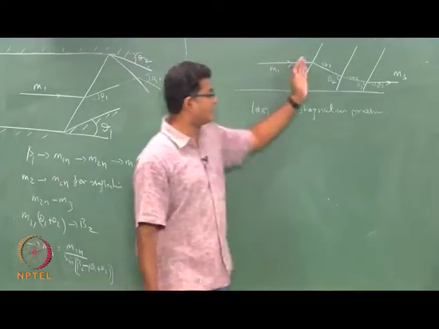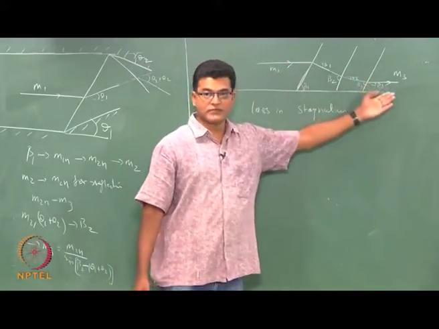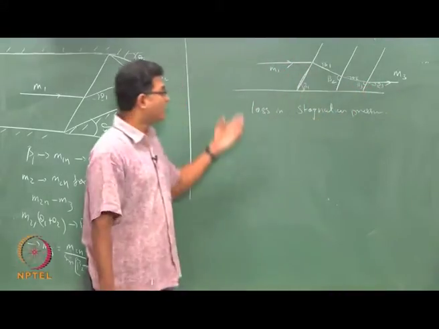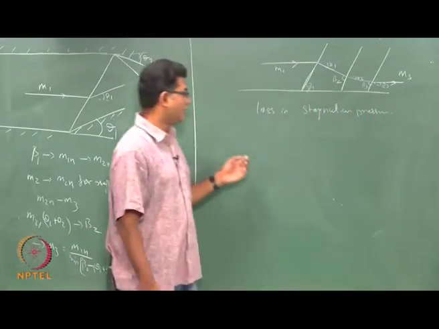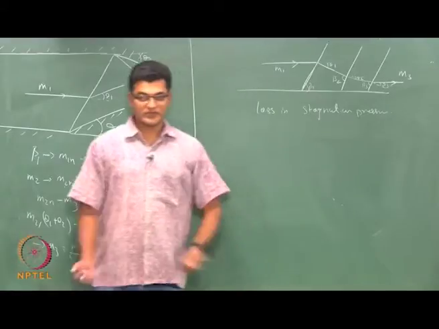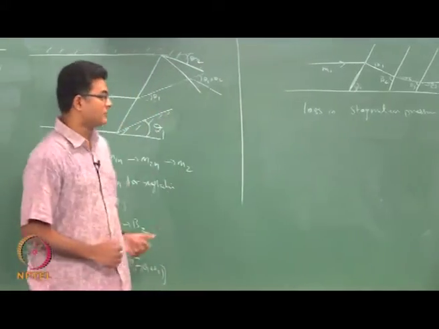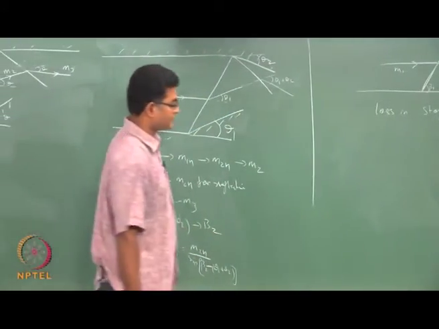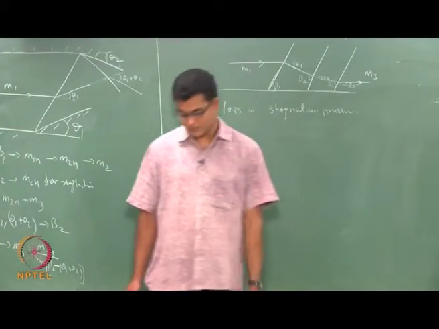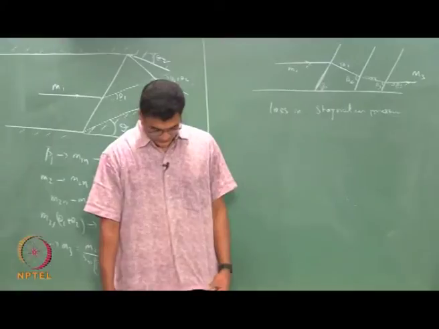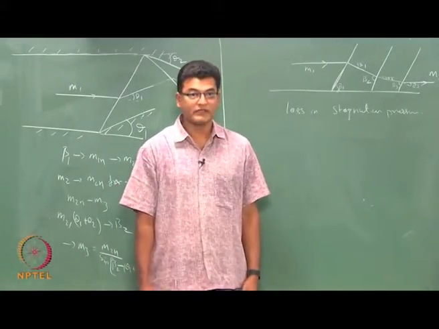So if I can have M1 reduced to M3 by a single wave, and M1 reducing to M3 by a series of shock waves, what would be the loss in stagnation pressure? So this is something which is typically known as the technique of pressure recovery.